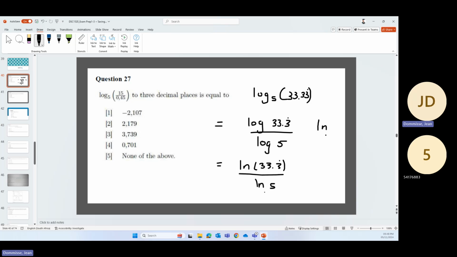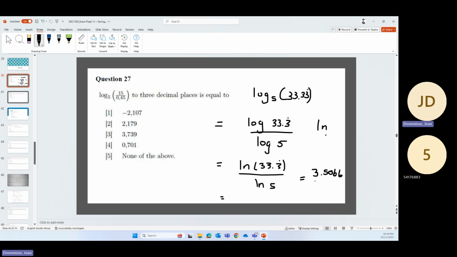Okay, so that is how we will solve it if your calculator does not allow you to put in log 5 and 33.3. When I work this out, log 33.3 gives me 3.5066.